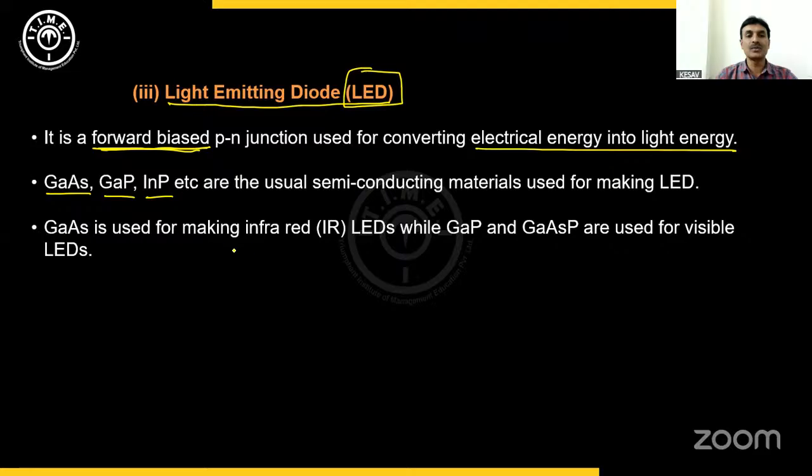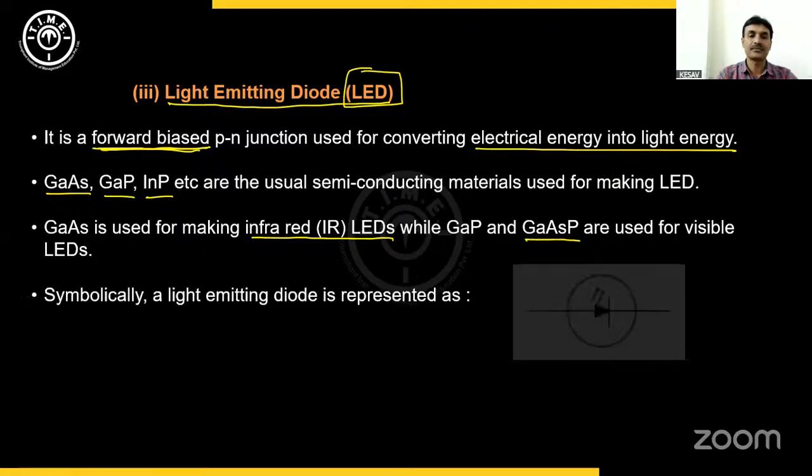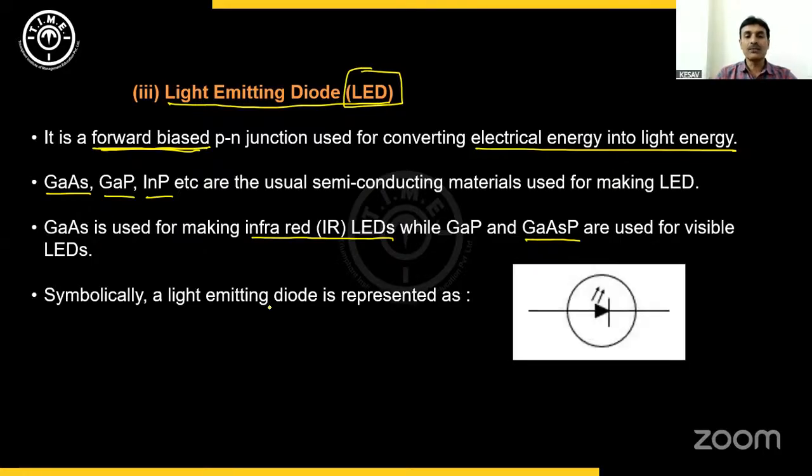Gallium arsenide is used for making infrared LEDs, IR LEDs, whereas gallium phosphide and gallium arsenide phosphide, GaAsP, are used for visible LEDs. The symbol of light emitting diode is shown here. This is the symbol of the LED.